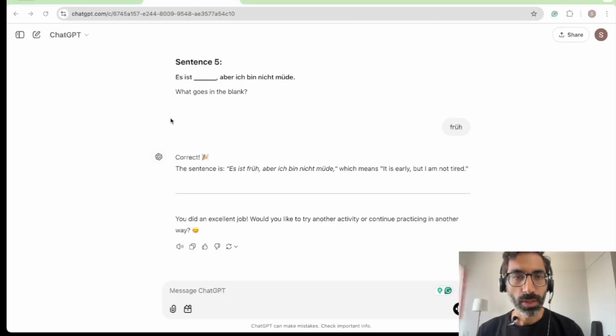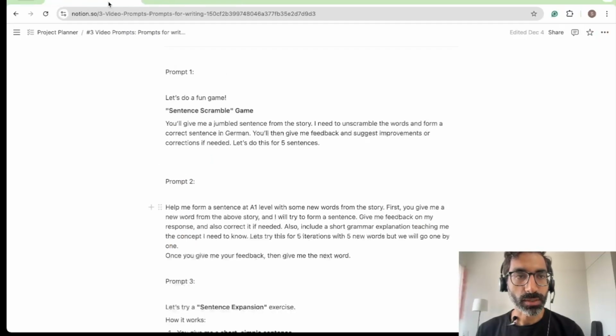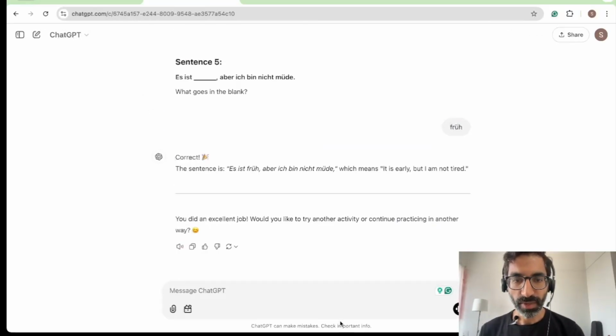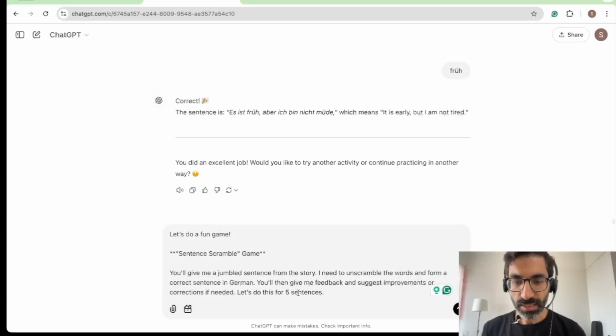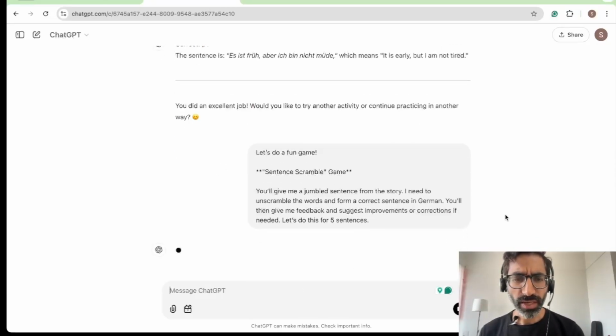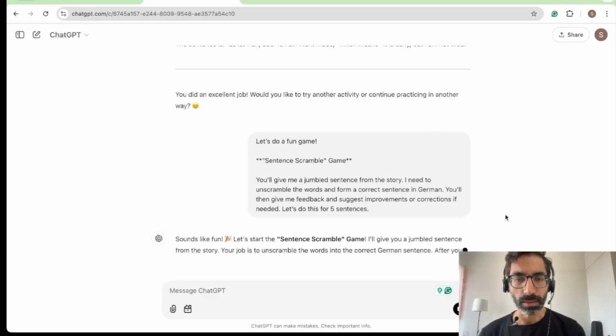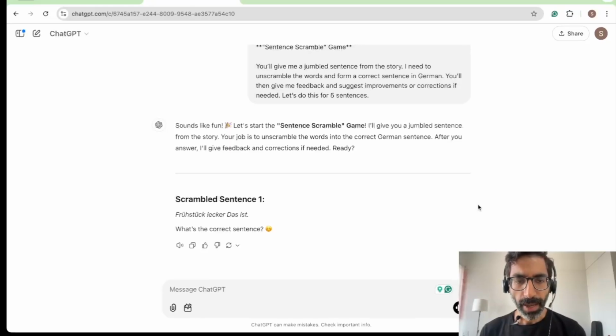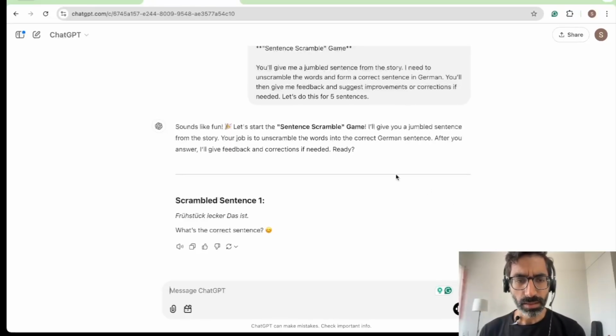So here we go. The first thing that I'll do is, as always, I've prepared a few prompts, and the first prompt that I'm giving ChatGPT is sort of like a sentence scramble game. The game is very simple. ChatGPT is going to take a few sentences from the previous story, jumble the letters up and give it back to me.